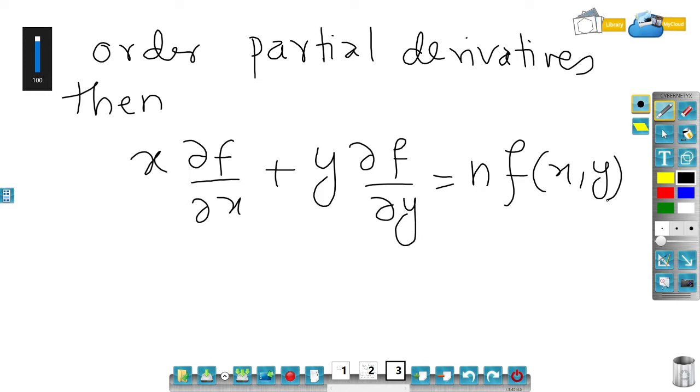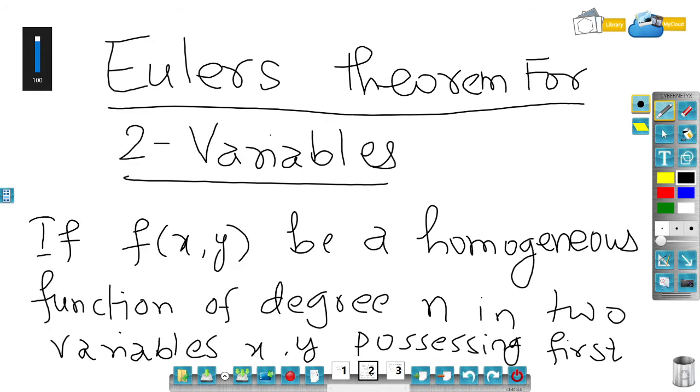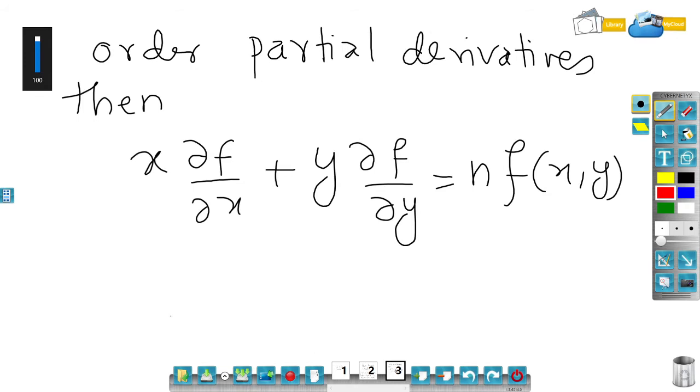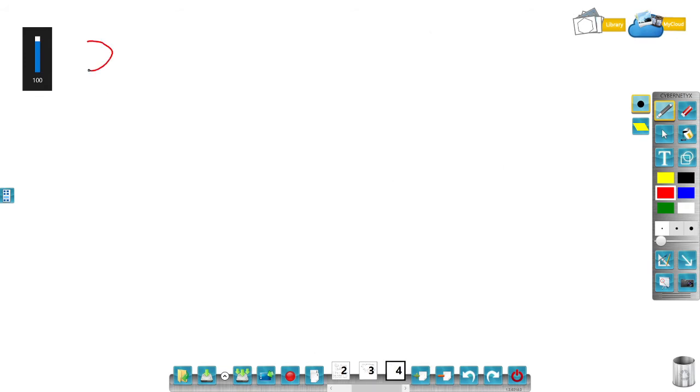Right? So the proof is simple, but to prove this theorem, one should know what a homogeneous function is. So let me define what a homogeneous function is quickly.